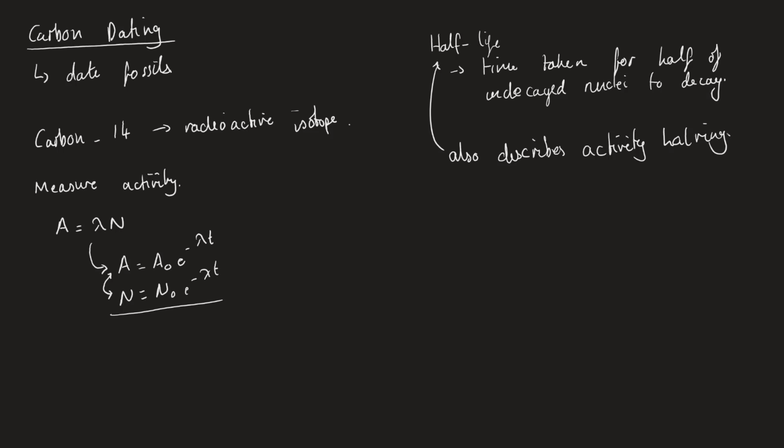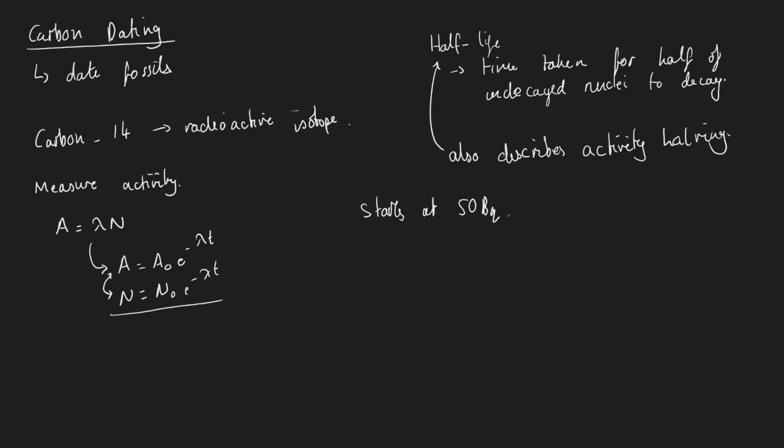Now, a common type of exam question that you'll get for this is maybe saying, let's take the assumption that we have some sample, and the activity of the sample at the time that it first would have begun its life starts at 50 becquerels. Okay, these are random numbers. The numbers that you have will probably not be as nice as these, but I'm just getting the principle across.